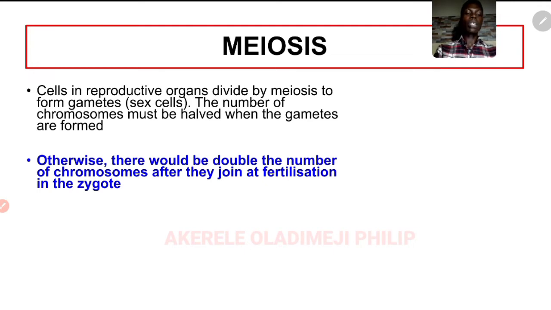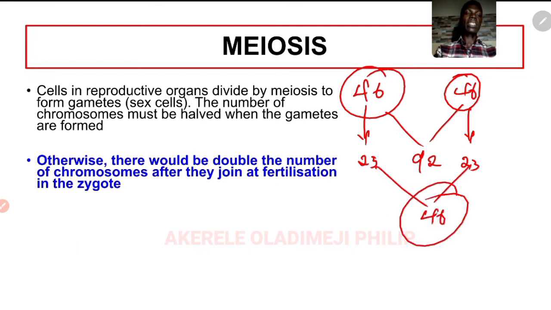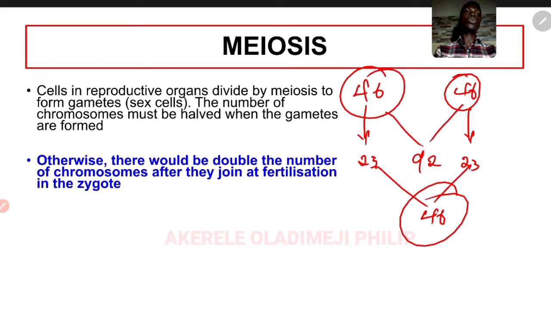Imagine our normal cells in humans are 46. So imagine the sperm cell is 46, the egg cell is 46. That's going to be 92. That's not good. But by the effect of meiosis, this will reduce to 23, and this will also reduce to 23. So we'll return back to 46. This is why it is called reduction division.